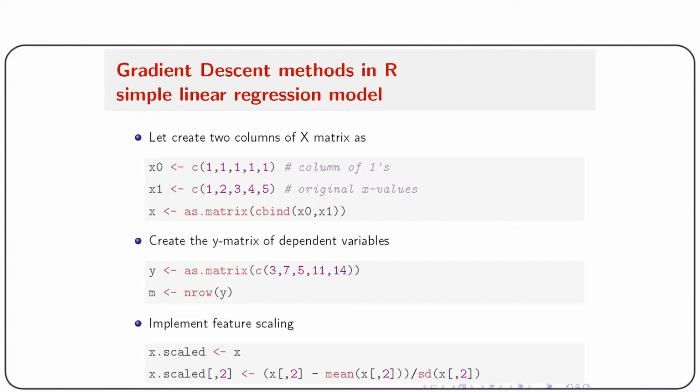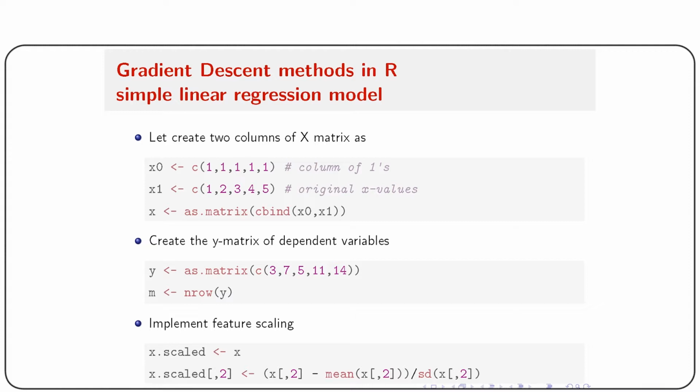Then you will get the Y matrix, and m is the length of Y, that is the number of rows of Y. Then implement feature scaling: you can scale the data and then get the estimate.